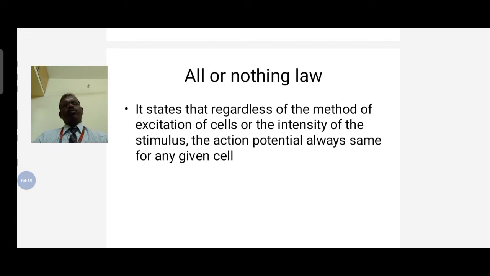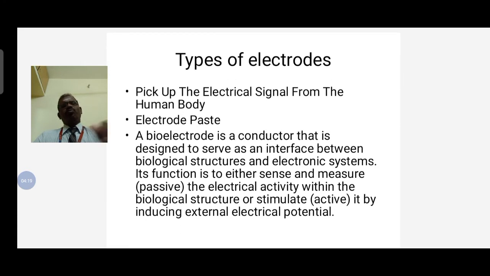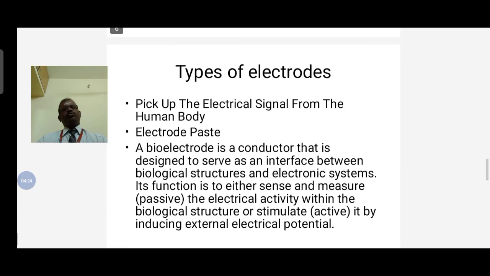Okay, next one is types of electrodes. What is meant by electrodes? Electrodes pick up the electrical signal from the human body.